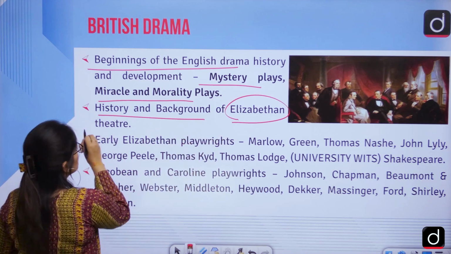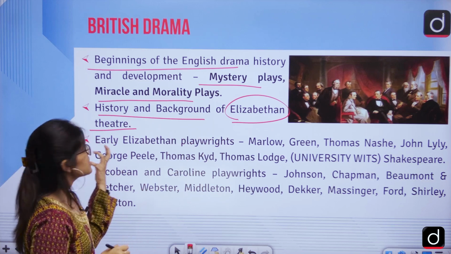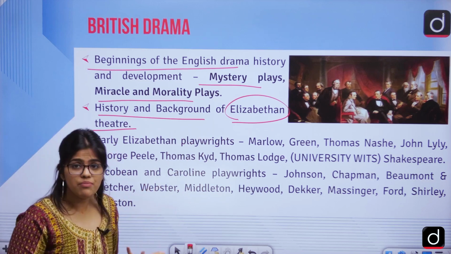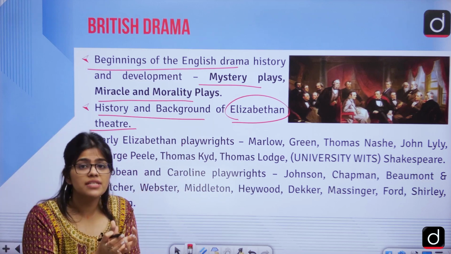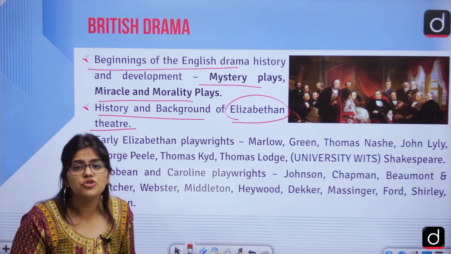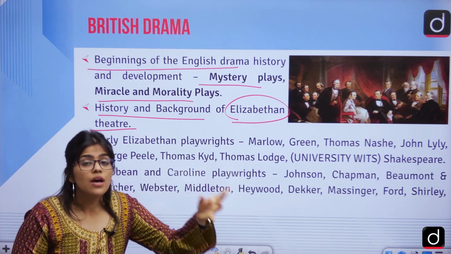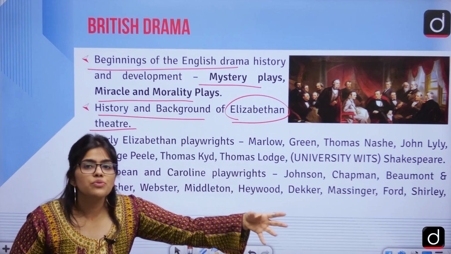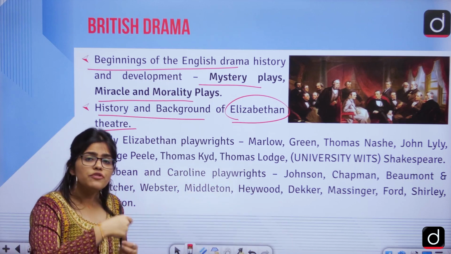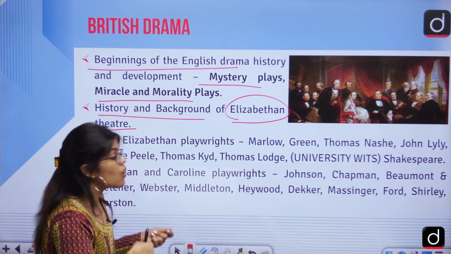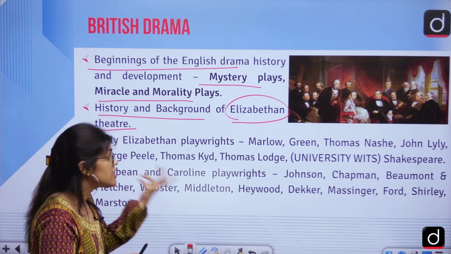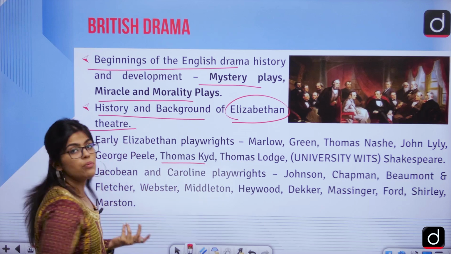So we're going to study the Elizabethan era. Then there are some early Elizabethan writers that are very important, and the university wits are where they'll ask questions from. They have also asked which are the 5 university wits. So these are a few easy questions that are sometimes asked, or they can be typical questions, like they can ask you plays of Thomas Kyd, right?